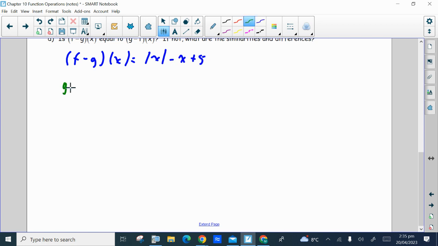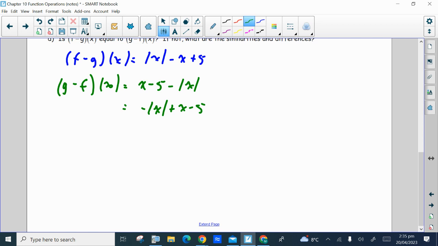But what is g minus f at x? Well, that means g will be first. It'll be x minus 5 first minus the absolute value of x. If you rearrange that in the same order as the previous equation, it'll look like that. And obviously they're not the same.